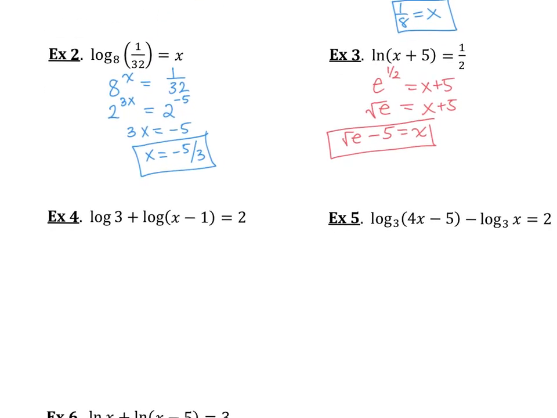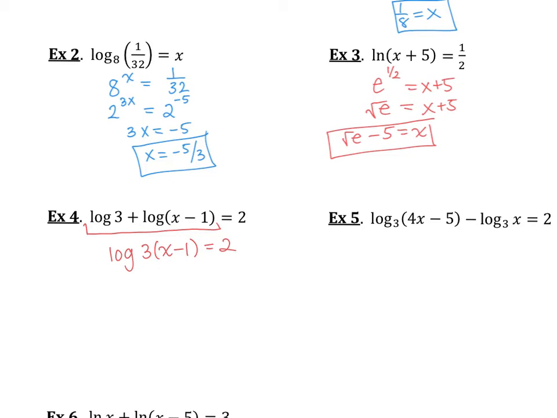Okay, now starting with example 4, there is more than one log on the left side. So before I rewrite this in exponential form, I have to combine them into a single log. Okay, so the log of 3 plus the log of x minus 1, since I'm adding the logs, I am multiplying their arguments. Now that I have this rewritten as a single log, I can rewrite this in exponential form.